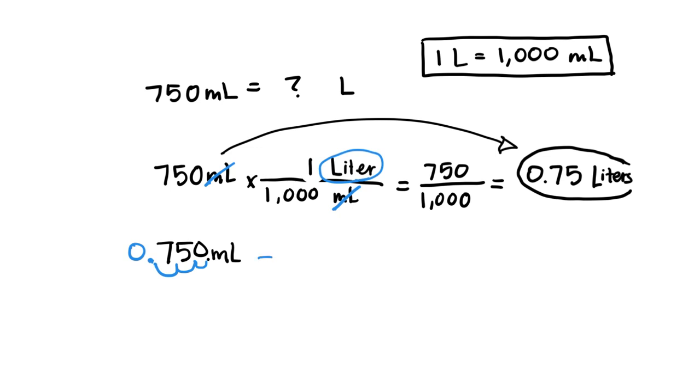But that's where you get your 0.75 liters too. So that's the other method, moving the decimal 3 places to the left. The other option is to divide by 1,000, which is what we did up here. That part is showing how that method works, the multiply or divide method.